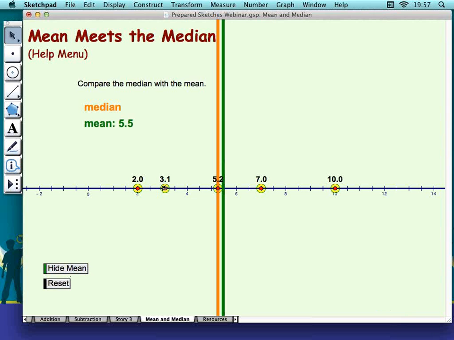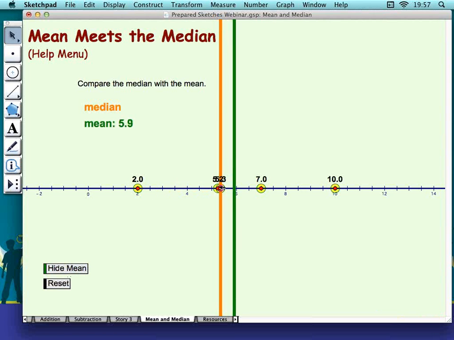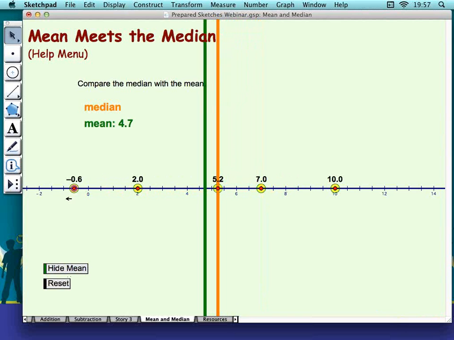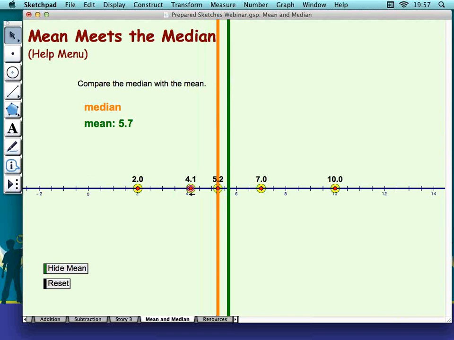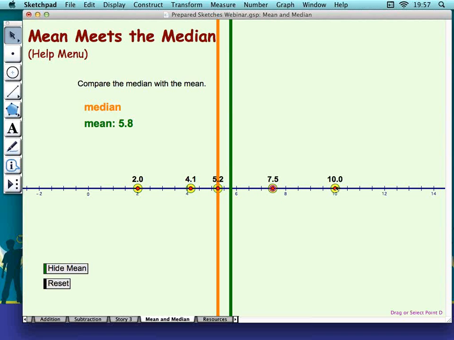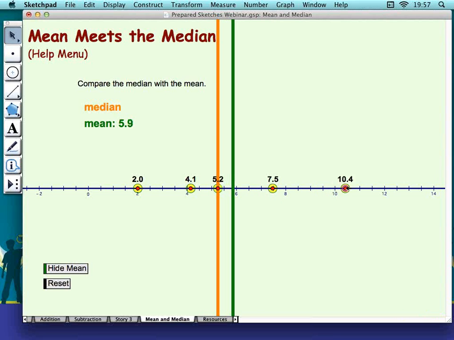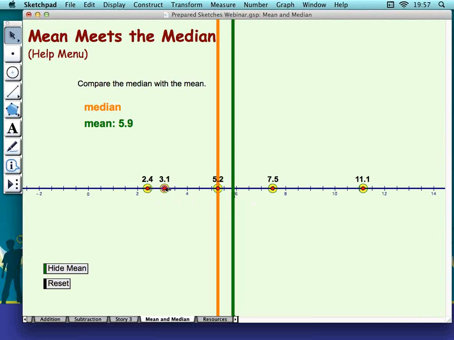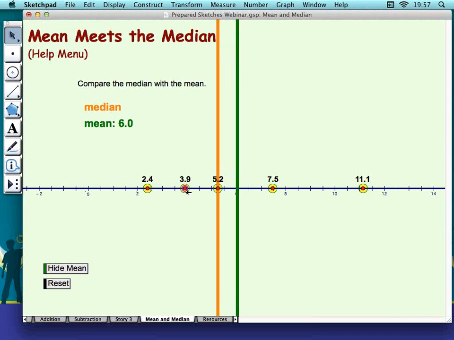If we also show the mean, then we can get some sense for how those are rather different measures of central tendency, and we can make all kinds of observations about what data points affect the mean and which data points affect the median, and begin to understand why that really is and what the huge difference is between these different measurements.